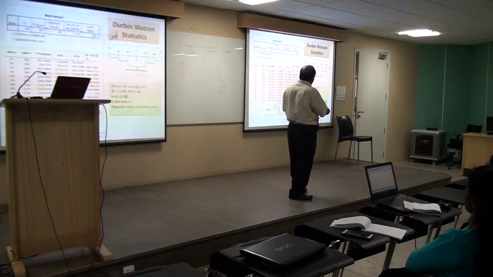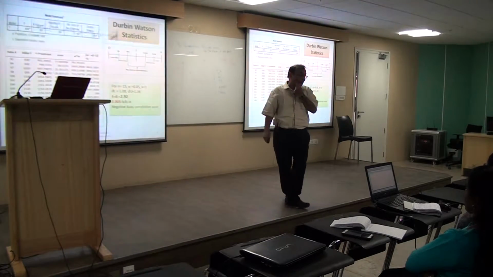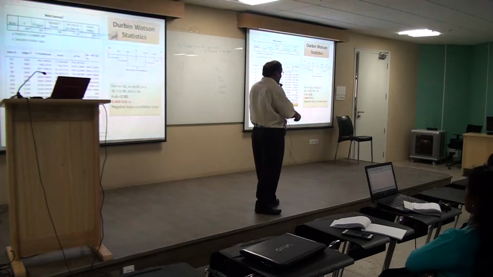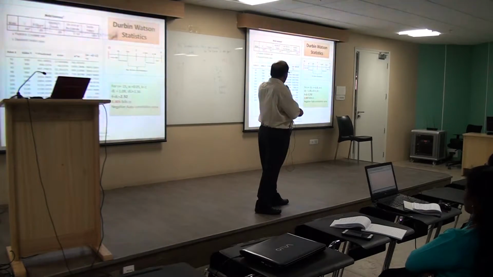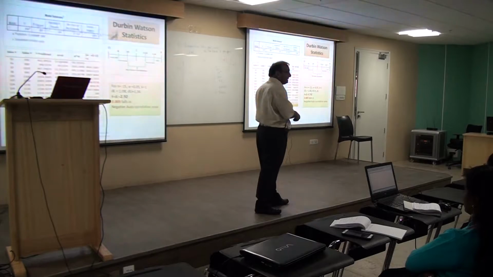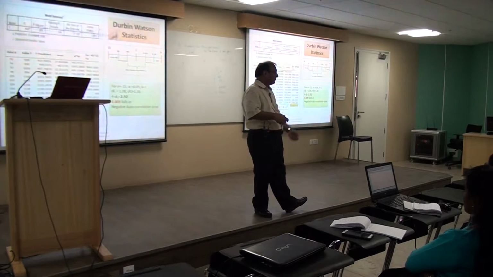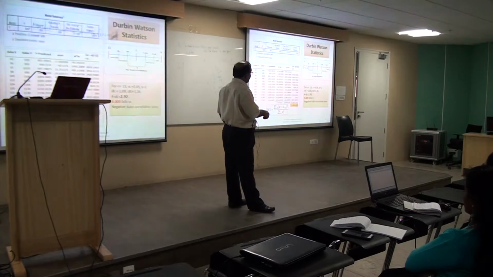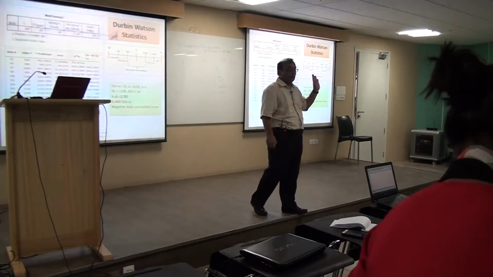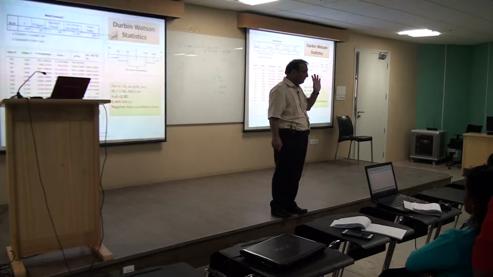Between DU and 4 minus DU means this zone. If your value of the Durbin-Watson statistic falls in this zone, that's why in the literature it is written that it should be around 2. If it is around 2, it will fall somewhere here, and you can assume that there is no autocorrelation. Number 1.